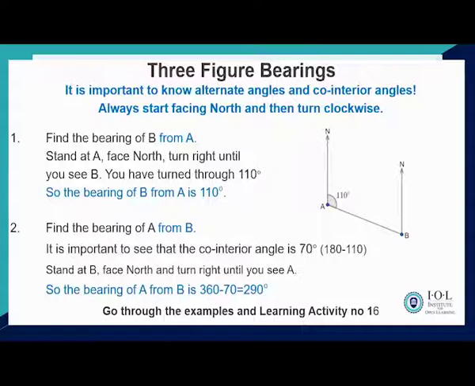So if you work with co-interior angles, this angle that I'm showing there is 70 degrees, 180 minus 110. So I can say the whole 360 minus the 70 will also give you the same answer. So can you see? We have to know alternate angles. We have to know co-interior angles.